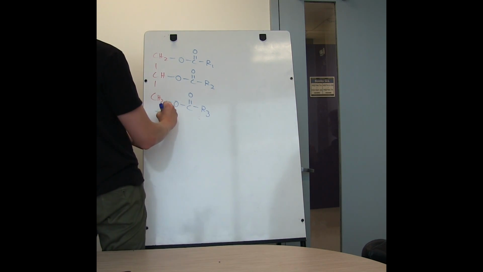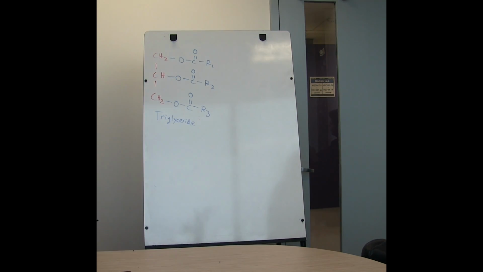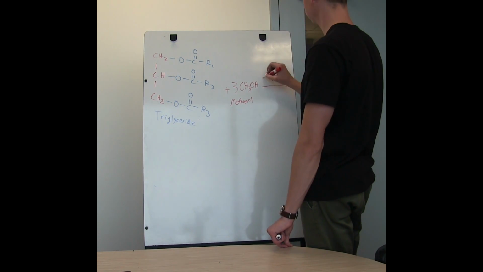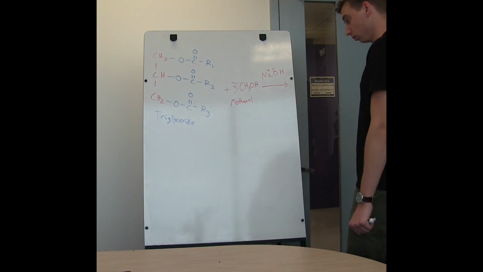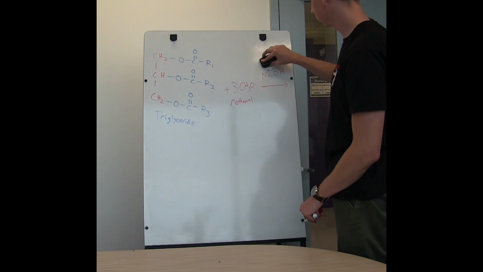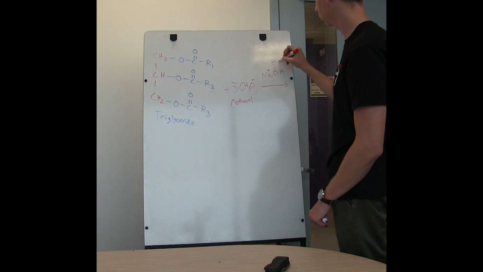The synthesis of biodiesel starts with used vegetable oil, known as a triglyceride. You then add 3 equivalents of methanol and catalytic sodium hydroxide. The sodium hydroxide deprotonates methanol to form the alkoxide anion.